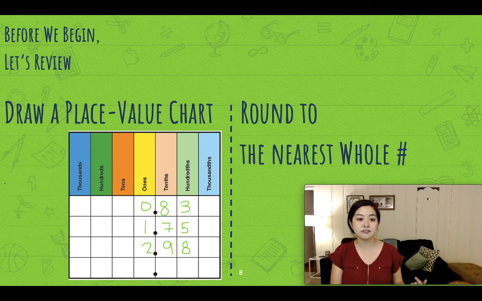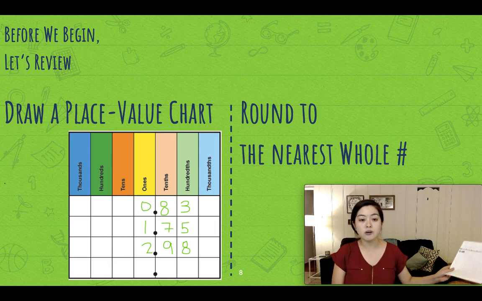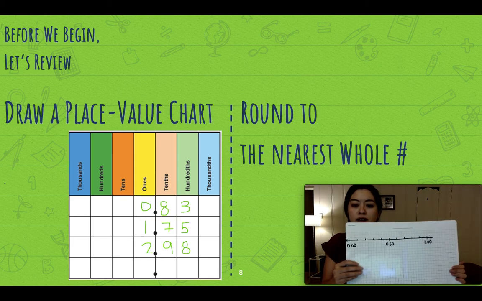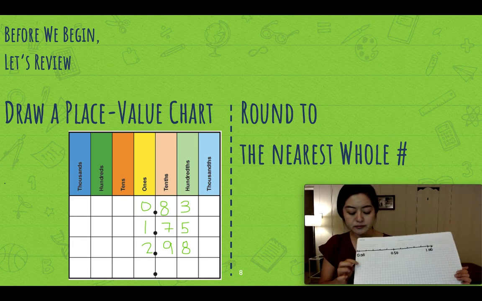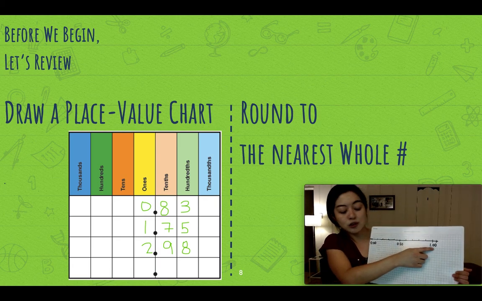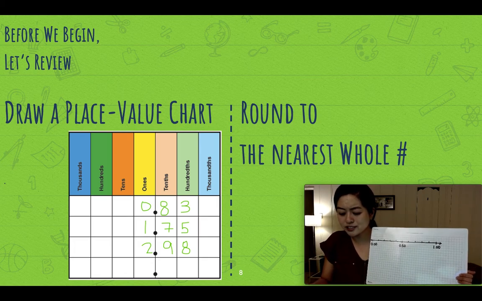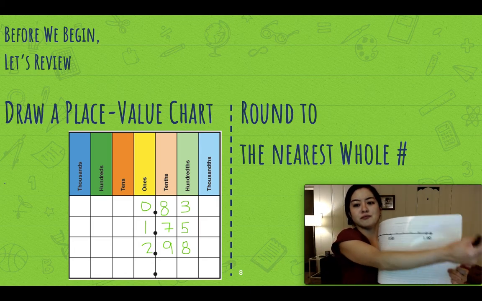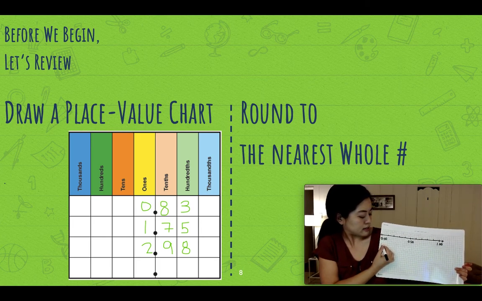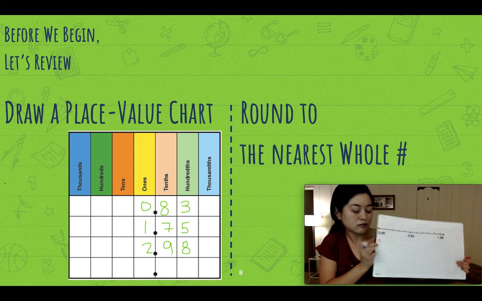So let's look at the first one, 0.83. I see that 0.83 is between 0.00 and 1.00. Now I have a question: is 0.00 the same as 0?